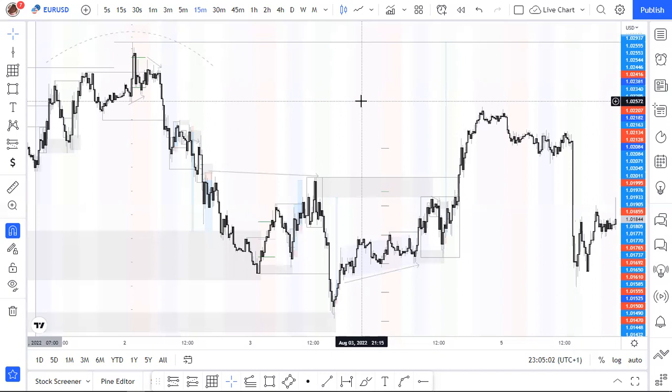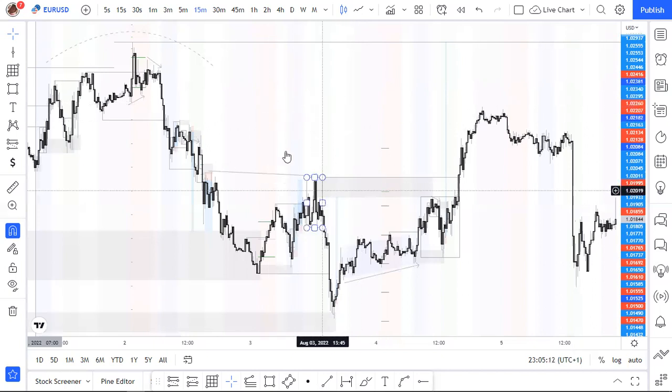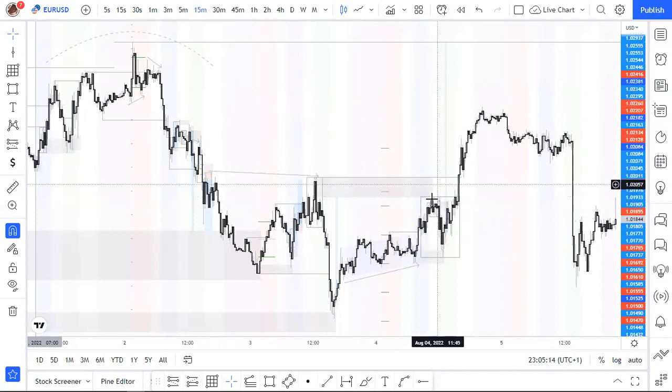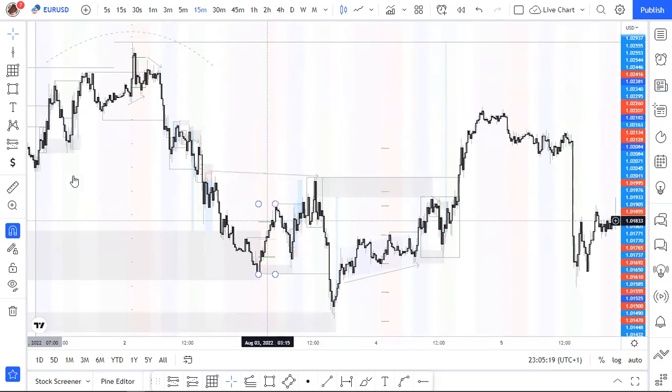I had so many break evens and a few losses, and I don't even remember how many take profits I hit. So I'll be revealing all of them here on Euro USD.